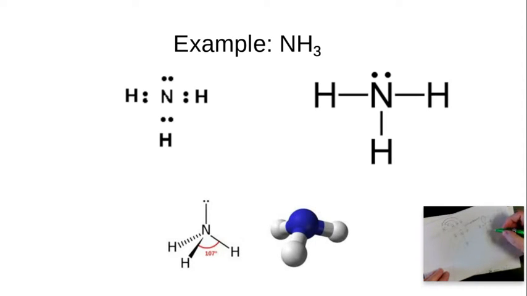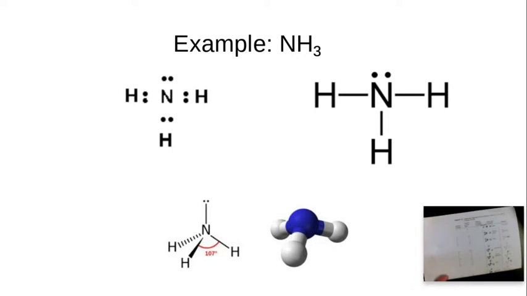So to figure out what molecular geometry this compound has, I have 3 bonded pairs and 1 lone pair. Okay, so I'm looking for a 3 to 1.